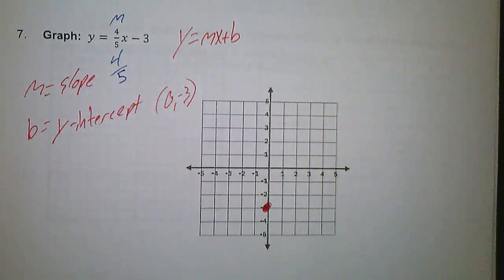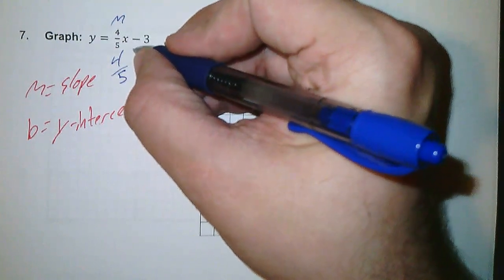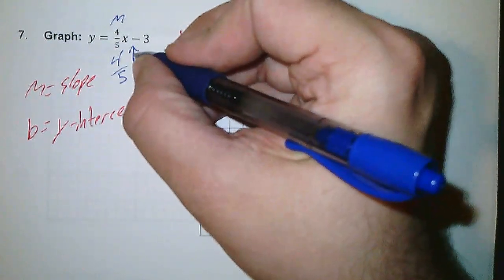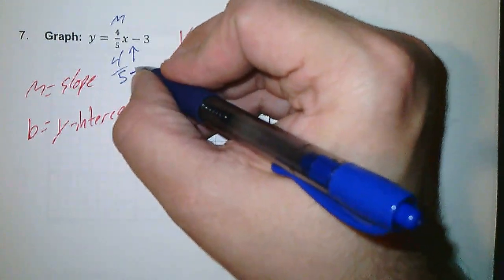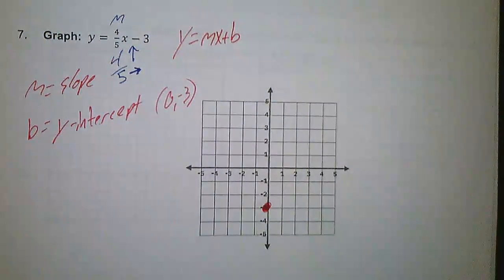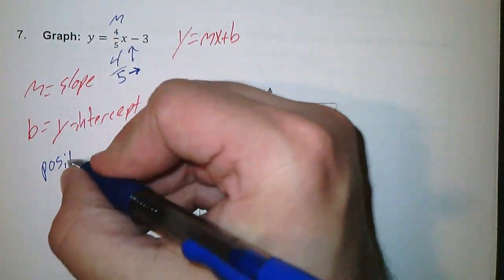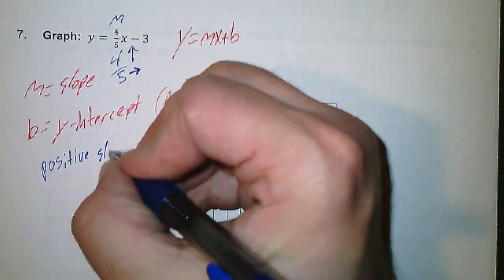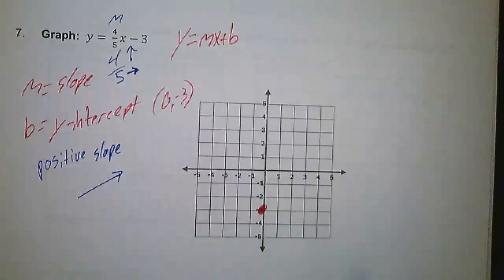That's a positive 4/5. So just to slow down a bit here, we can consider going up 4, that's in the positive direction, and to the right 5, because that's also in the positive direction. But just make sure that a positive slope goes up from left to right.